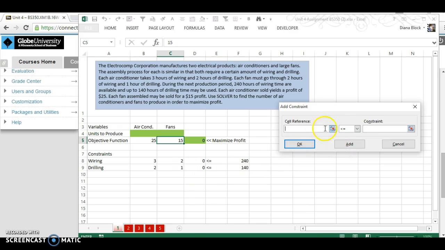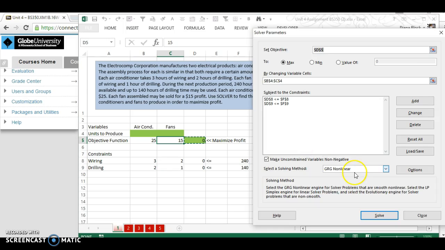We're going to add that. Now we have another constraint, that this drilling field, D9, has to be less than or equal to 140. So those are our two constraints. We have our constraints in, and so now we can click Solve, and Excel Solver will solve this problem for us.